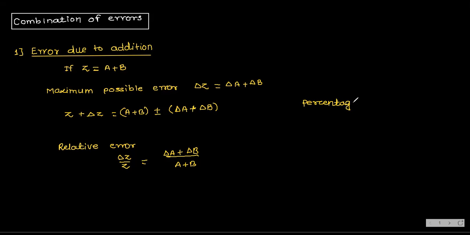We know percentage error is relative error into 100. Therefore, delta z by z into 100, which is equal to delta a plus delta b by a plus b into 100. This is the error in case of addition.